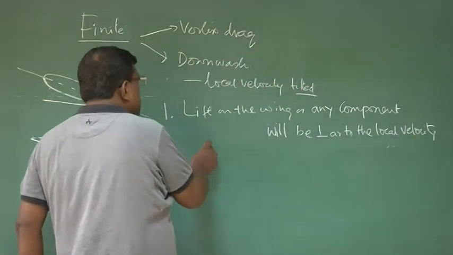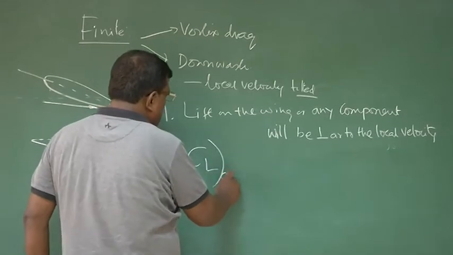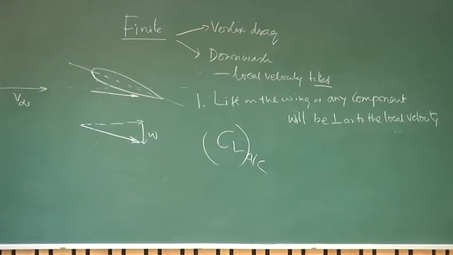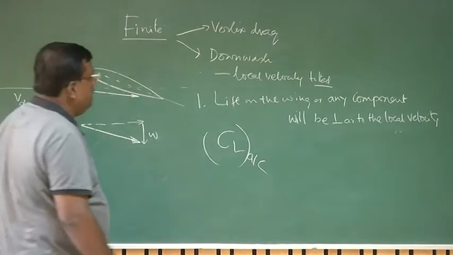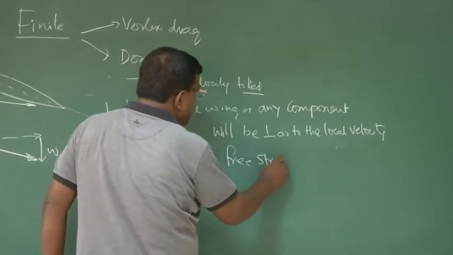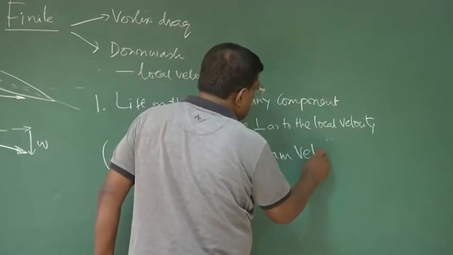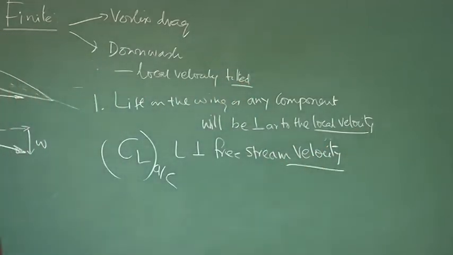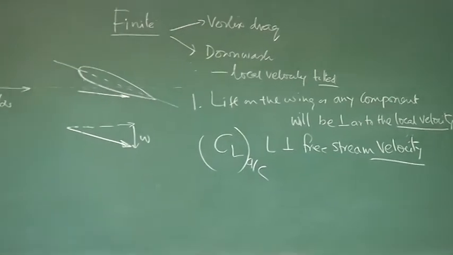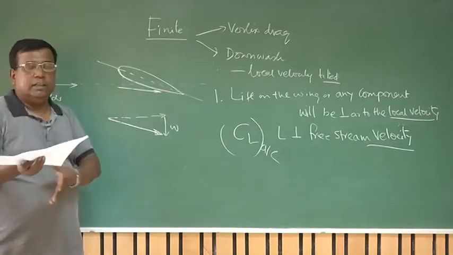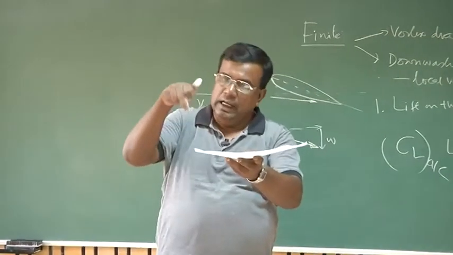However, when I try to model the CL or the lift of the whole aircraft, I should ensure that the lift is perpendicular to the free stream velocity. And by now you know the local velocity and free stream velocity are not in the same direction because of downwash near the wing or near any other component. In this case, we are discussing downwash because of the wingtip vortices. That is, as these vortices go like this, they induce the downwash, right?